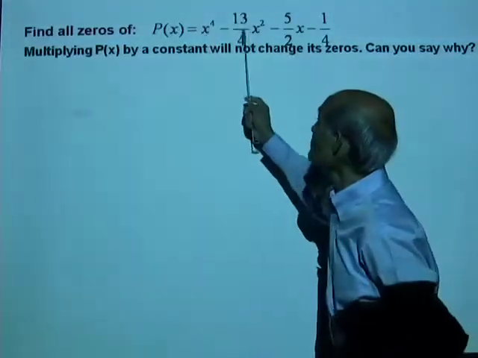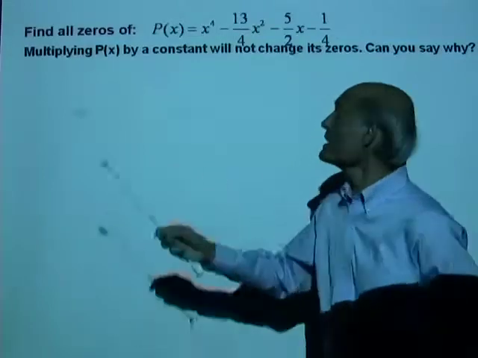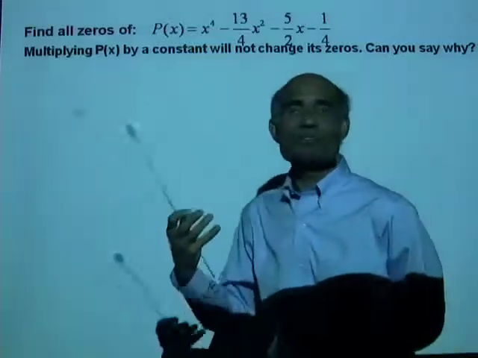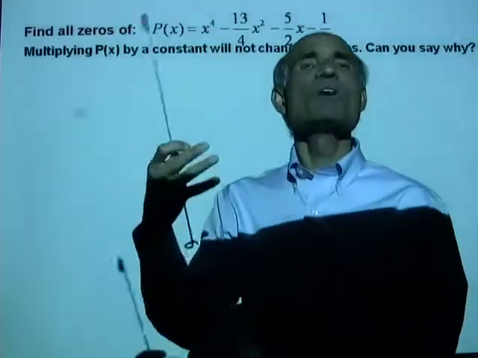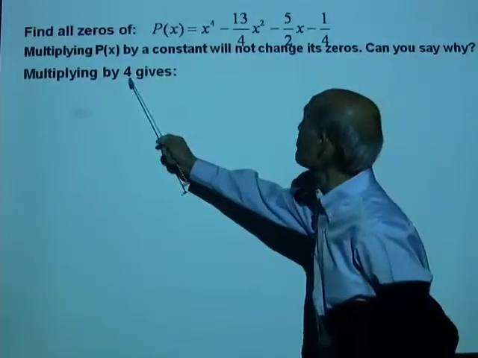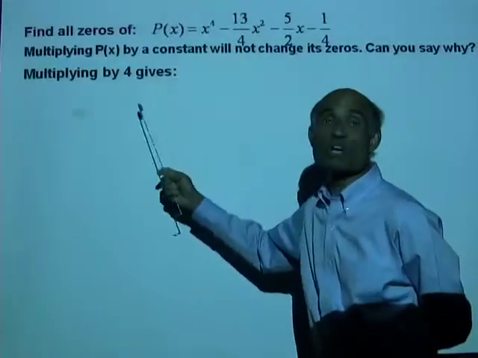So if you want to clean it up and write it more neatly, we can multiply this by a constant number. Multiply every term by 4.